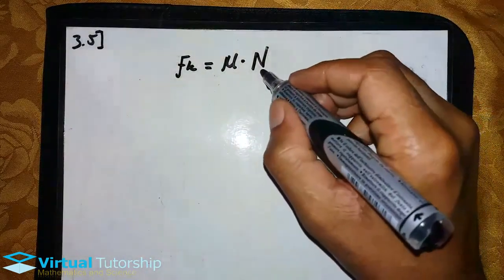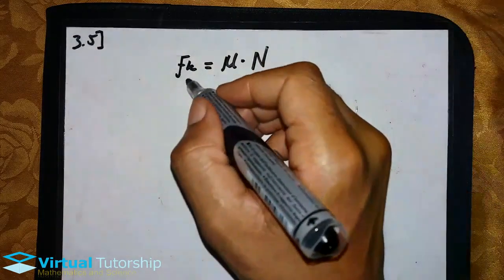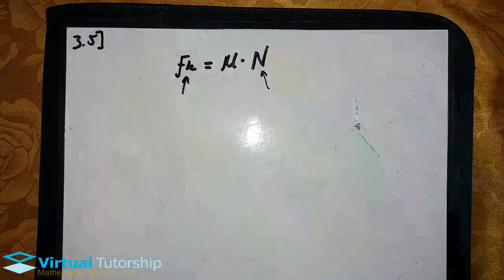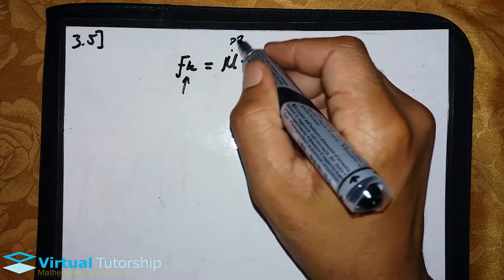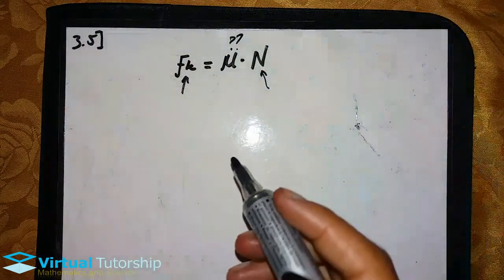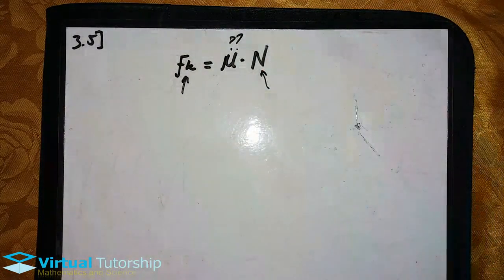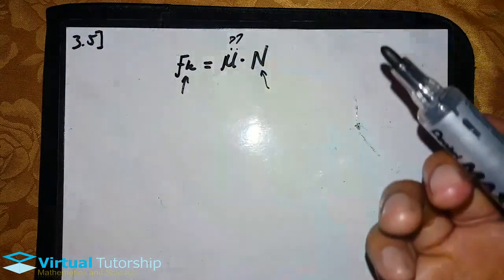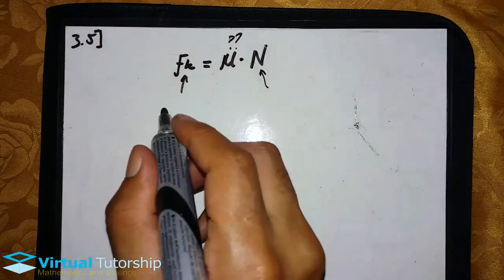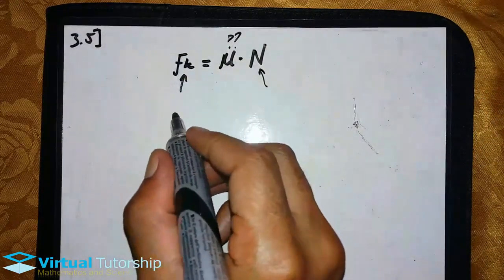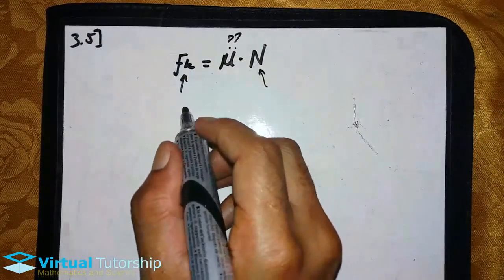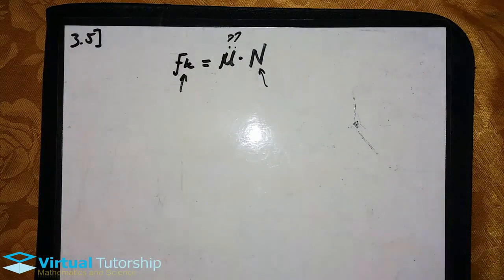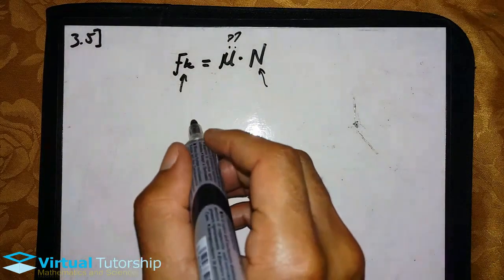The normal force we have already calculated for the object, but the kinetic friction we don't have, and this mu is the value we want, the coefficient of kinetic friction. It's the unknown value now. Fk we don't have, normal force we have. So the first thing we must do here is calculate Fk. But we know that the object moves at a constant velocity.